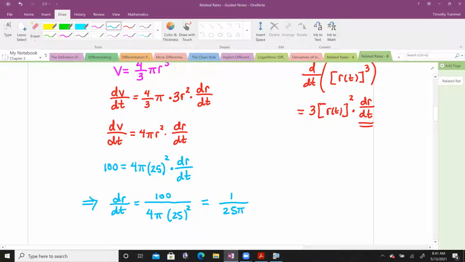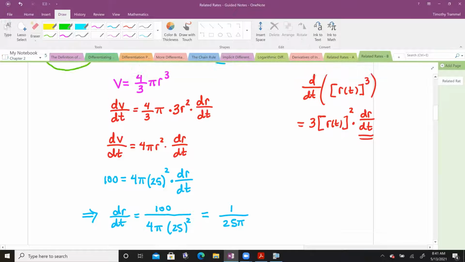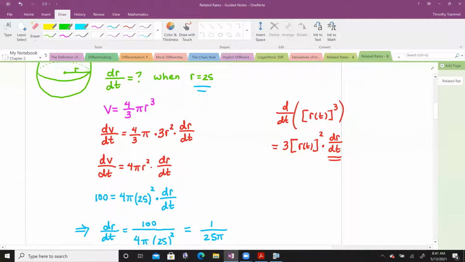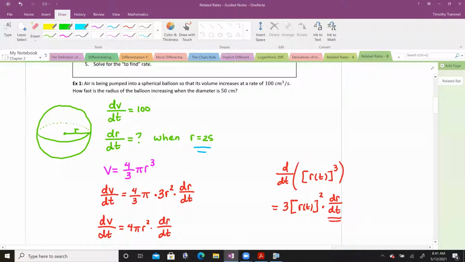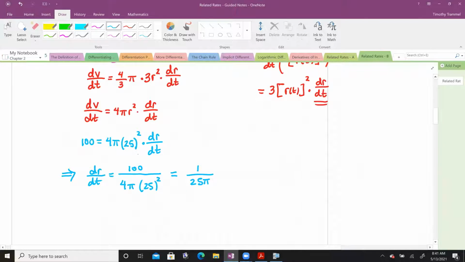And the units here, let's see what they are. I'm going to move this up real quick. We were talking about lengths in centimeters and time in seconds. So this dr/dt should be in centimeters per second.